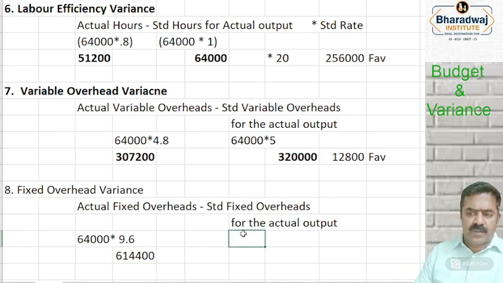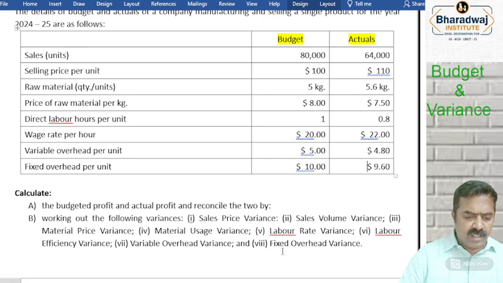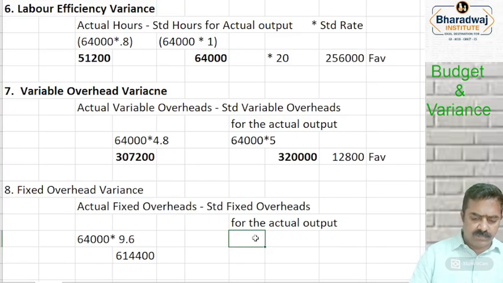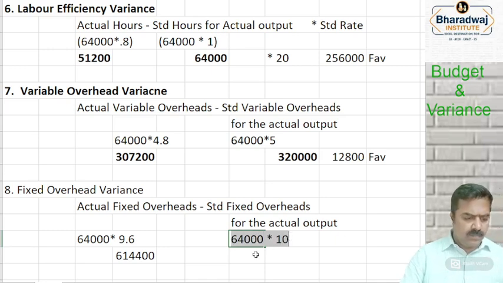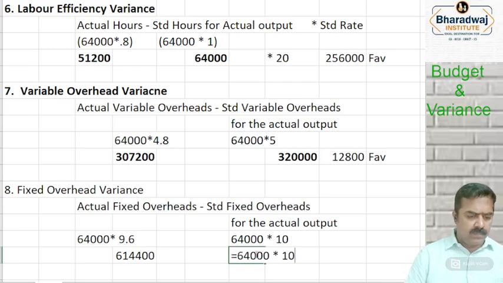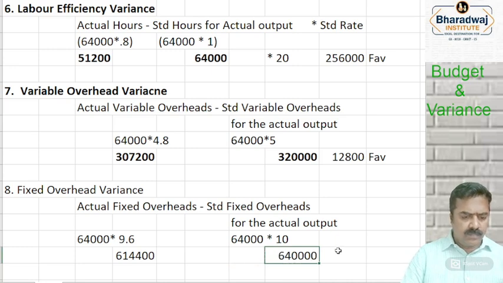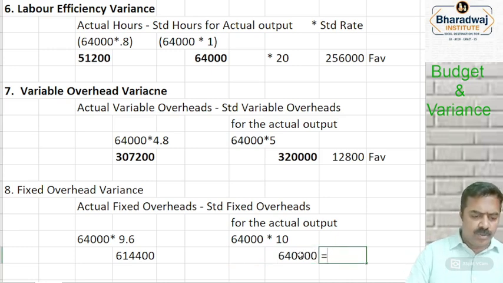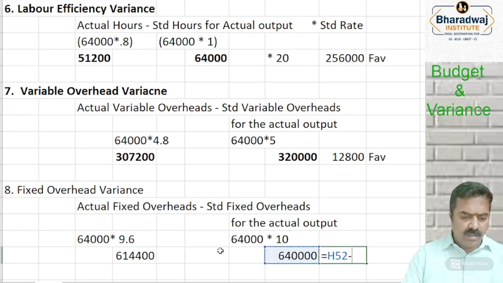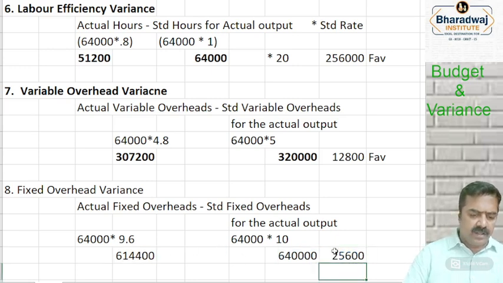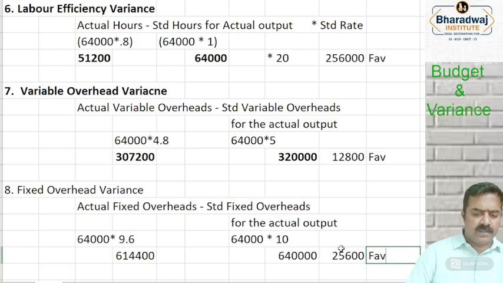Standard fixed overheads for the actual output. What is the standard fixed overheads? 10 rupees for the actual output. This is also allowed is more than what is spent. So it is also favorable variance.